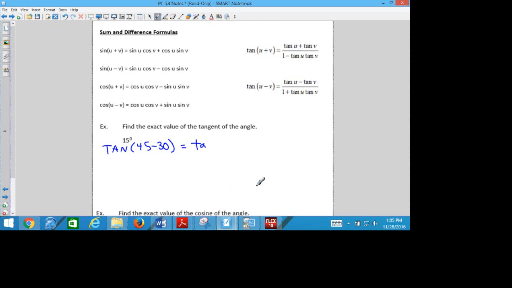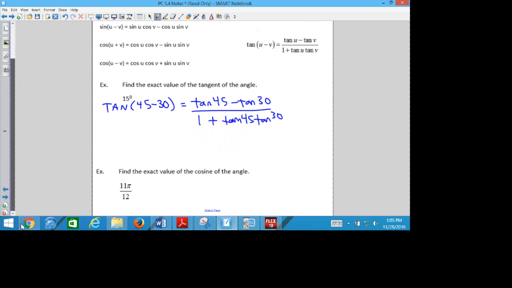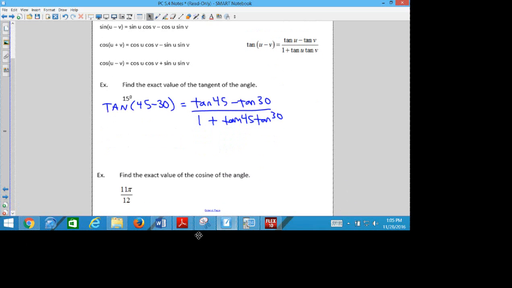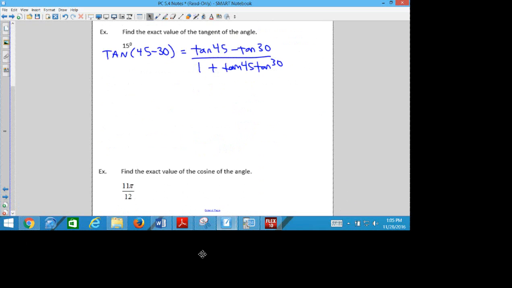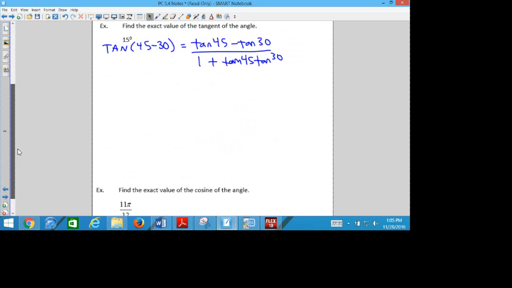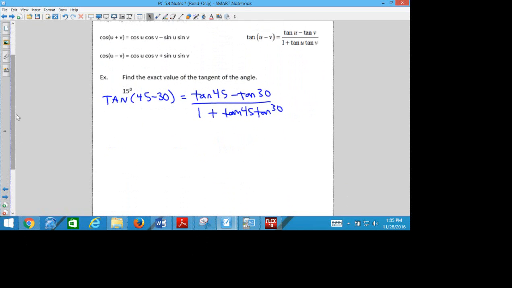So we're going to have tangent 45 minus tangent 30 over 1 plus tangent 45 times tangent 30. Oh, you subtract the top, so yeah. Why did I put a plus sign on the bottom? Yeah, I didn't realize they were switched. Yep. Just using the formula, that's all.